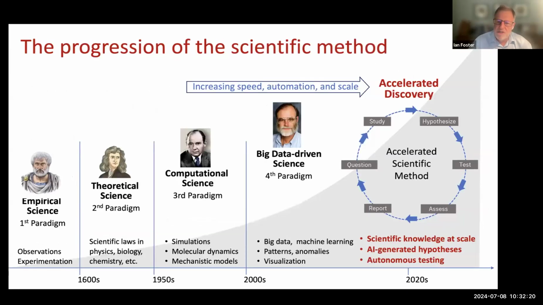Some of you have probably seen a picture like this before, talking about the evolution of the modes of science. Of course, empirical science, simply observing things, then theoretical science, coming up with predictive laws that can then be validated.